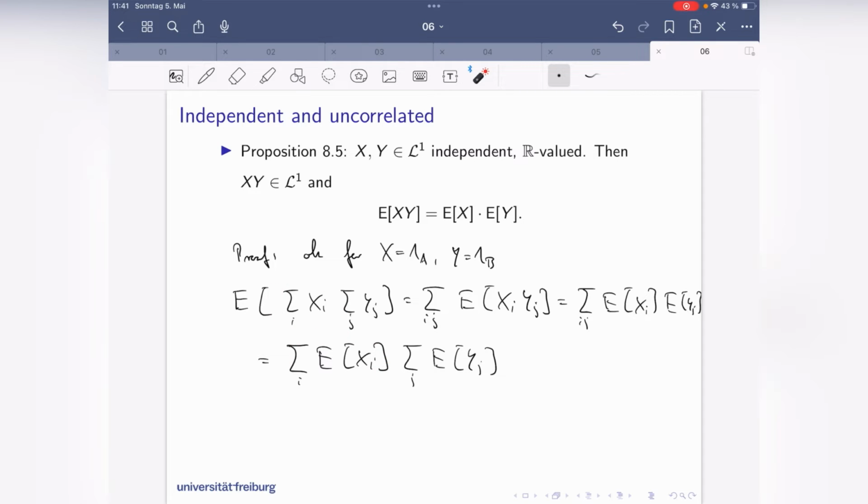Okay, of course I have to then also use linearity again and write the sum inside of the expectations, like this here. So that means, since I have shown this here for these indicator functions, I can say it's now also okay for simple functions.